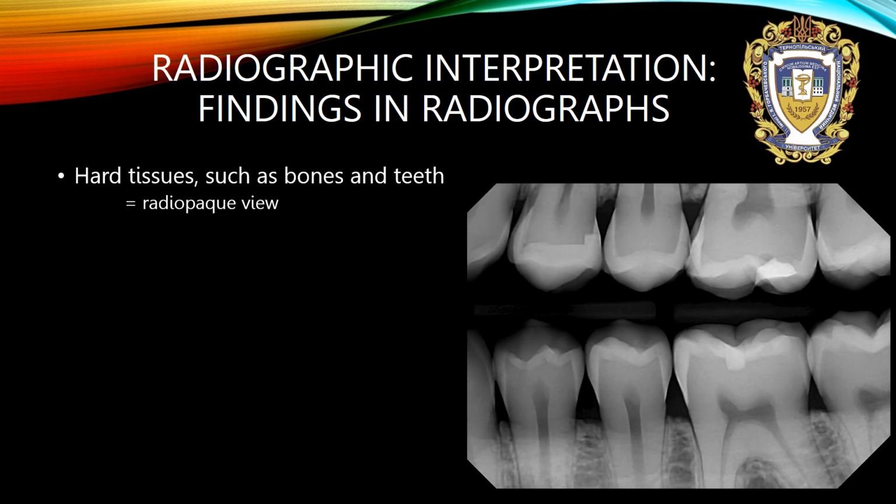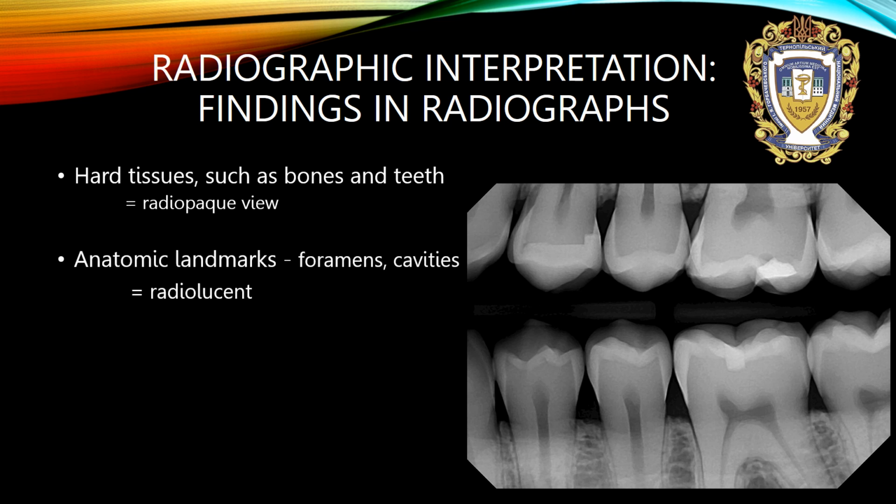What findings in radiographs do we need to evaluate? Hard tissues such as bones and teeth have a radio-opaque view. Teeth, bone: radio-opaque.